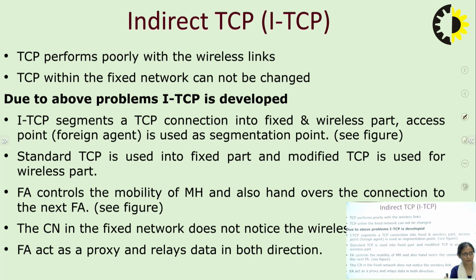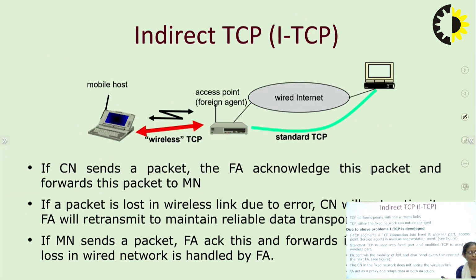That is, it will divide your connection into two parts: one for the fixed environment and another for the wireless environment. The access point, that is the foreign agent, is used as the segmentation point. Standard TCP is used in the fixed part and modified TCP is used for the wireless part.